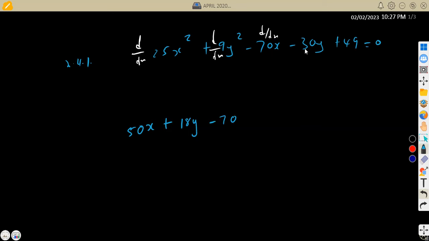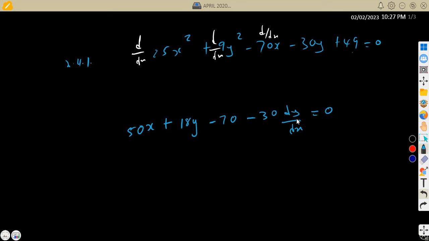Then for negative 30y in this case, we do not have x, so we're going to find the derivative with respect to y, which is negative 30. Then our answer is going to carry dy/dx. 49 is a constant, which is going to be 0 in this case, and that one is equal to 0.